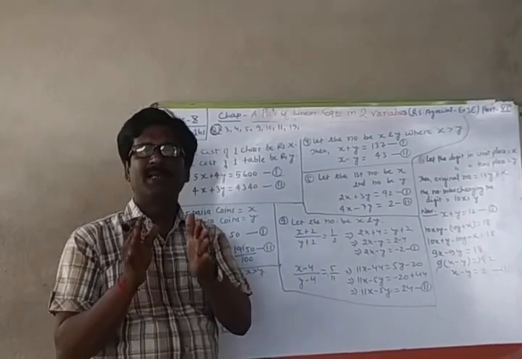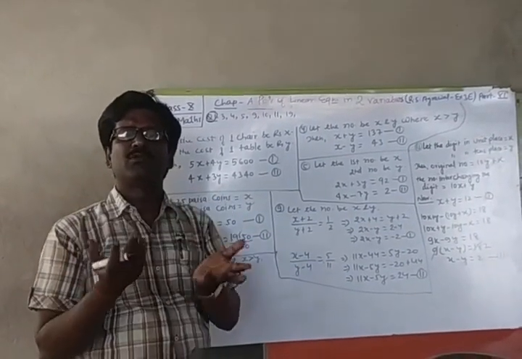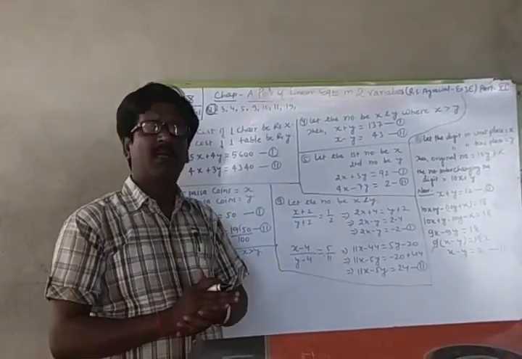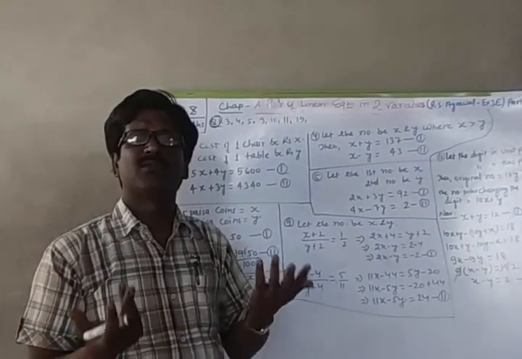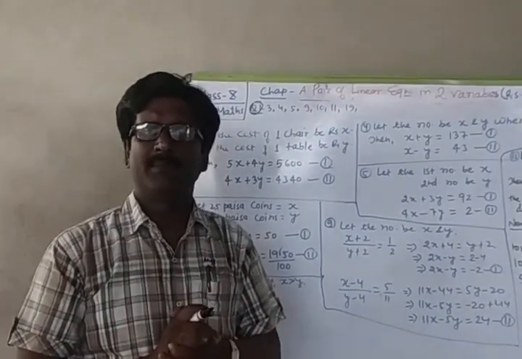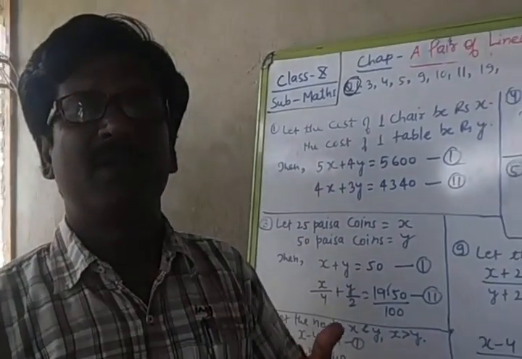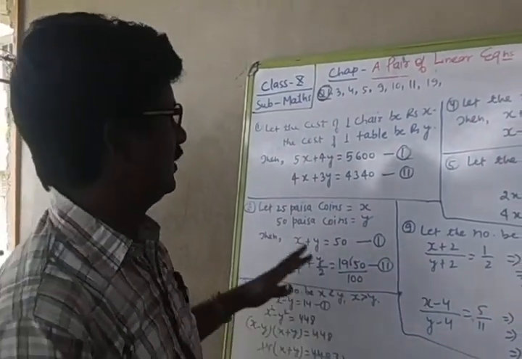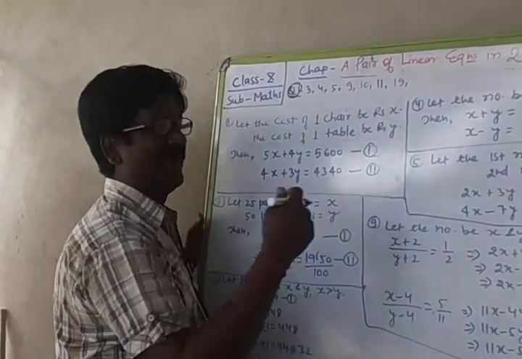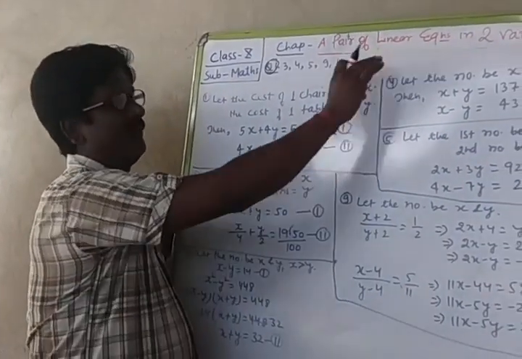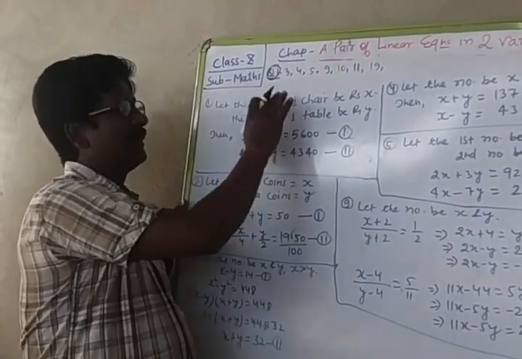I am just framing the equations in this chapter. I am not going to solve because in the previous part you have already understood how we can solve linear equations in two variables. Actually this chapter is mainly based on framing of linear equations in two variables. So this is how we can frame a pair of linear equations in two variables from the given information.